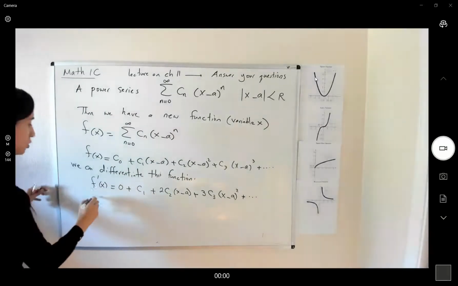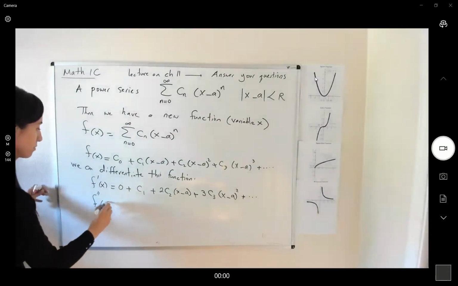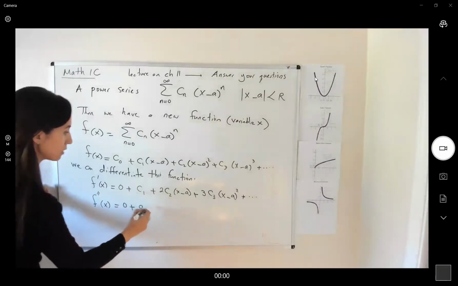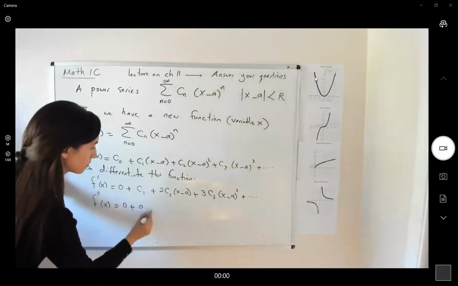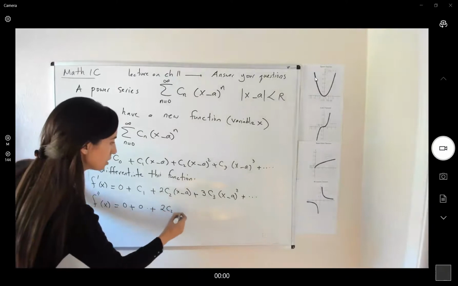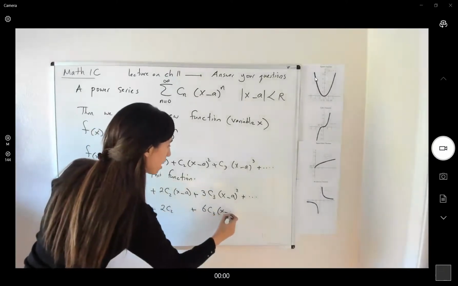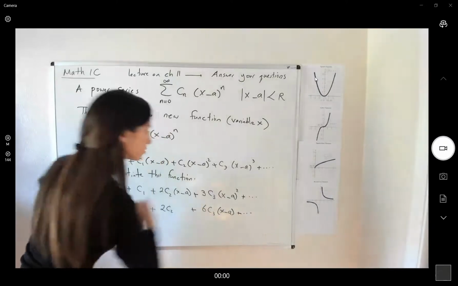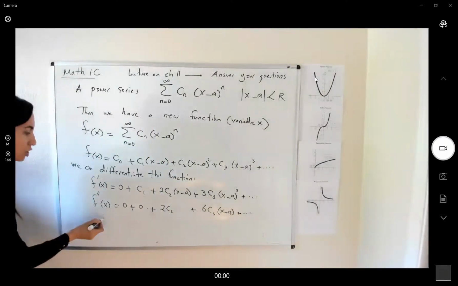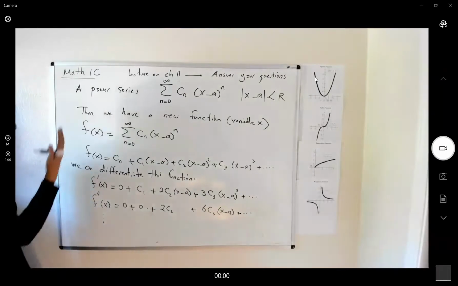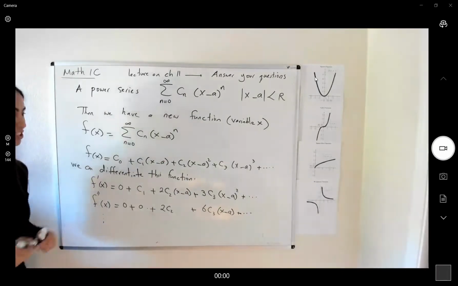We can take the second derivative of the function, 0 plus 0 plus 2 times c sub 2 plus 6 times c sub 3 x minus a plus the rest of it. And you can continue this process by taking the rest of the derivatives here.